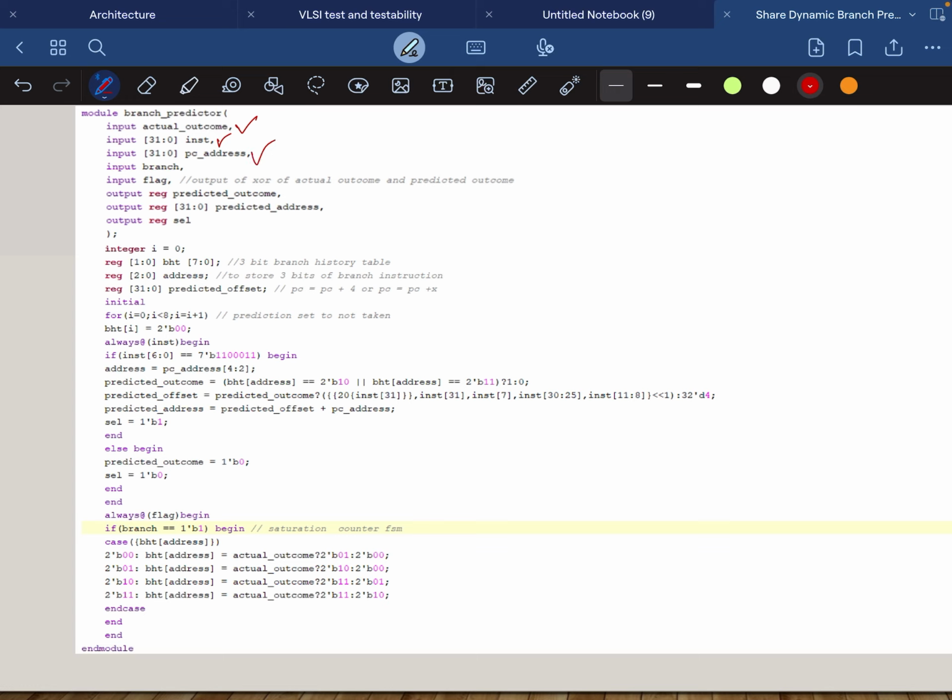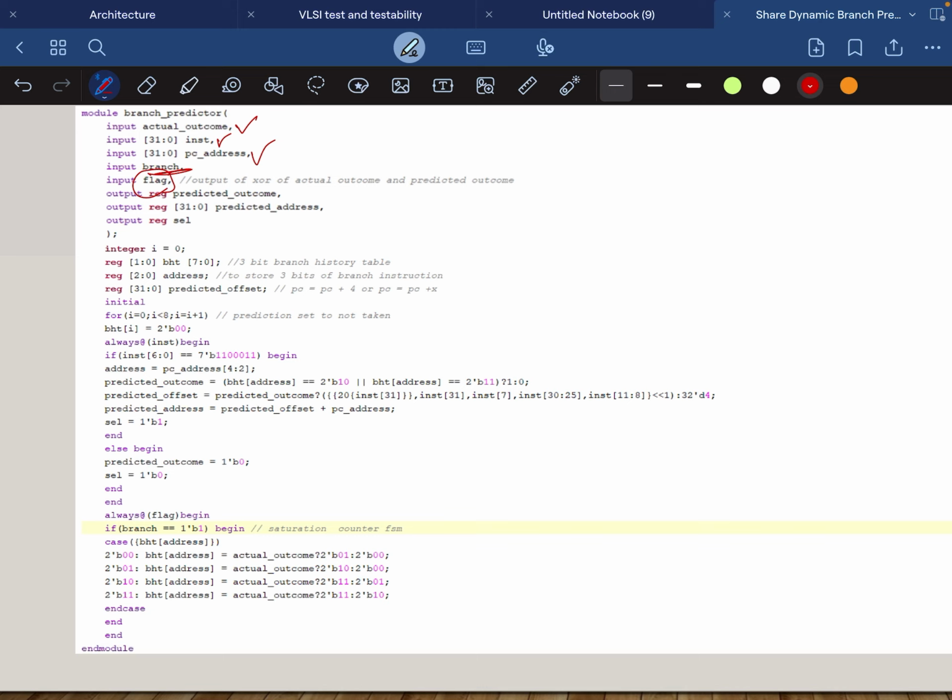The bits in the PC address are used to access the location of the branch history table, and the branch signal tells us whether a branch has come or not. And this flag bit is used to know the discrepancy between the actual outcome and the predicted outcome. Basically it's an output of the XOR gate.